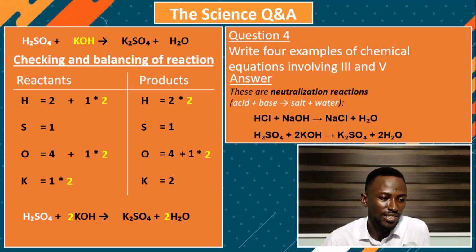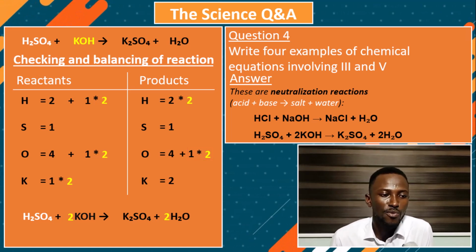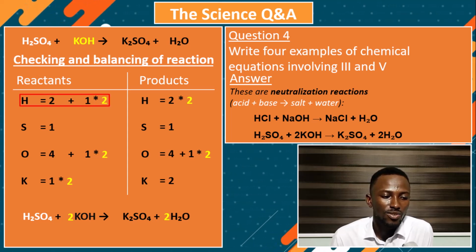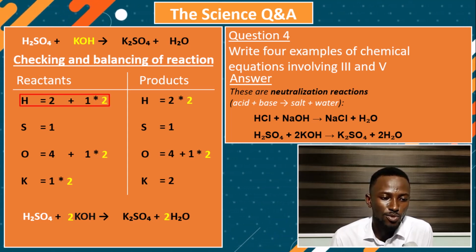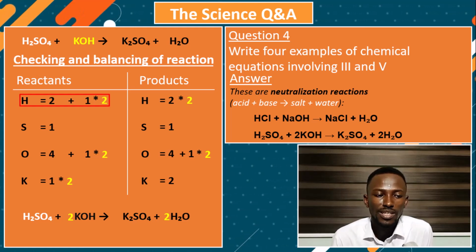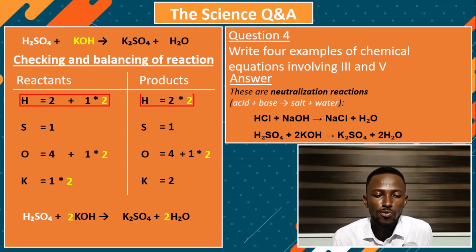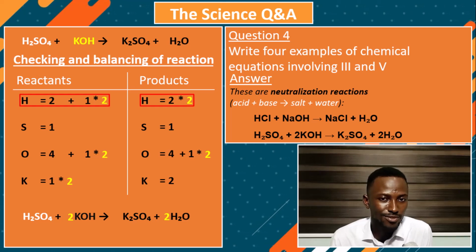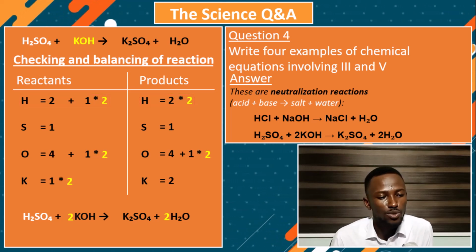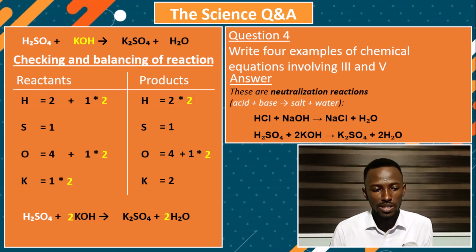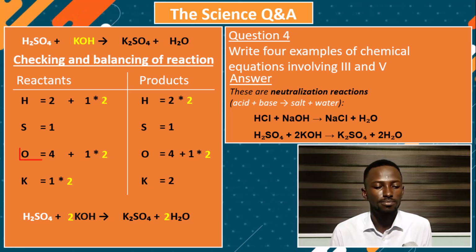So now let's cross check again. Hydrogen for the reactants: 2 plus 1 times 2 gives us 4, and 2 times 2 for the product gives us 4. So the hydrogen is balanced now. Sulfur is 1 for reactants and 1 for products. Balanced. What about oxygen?